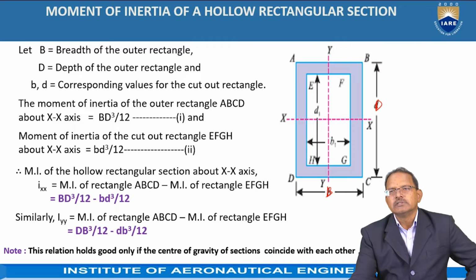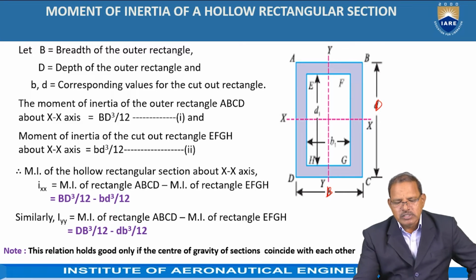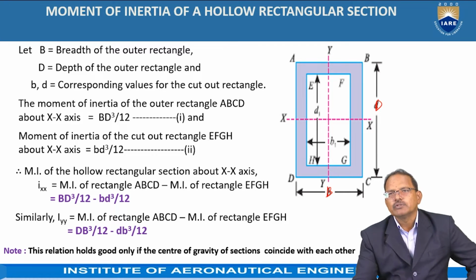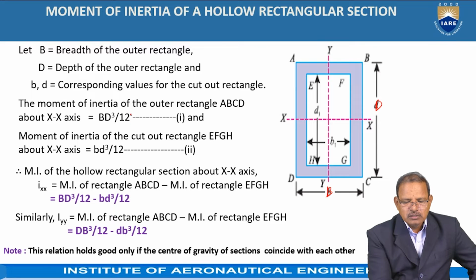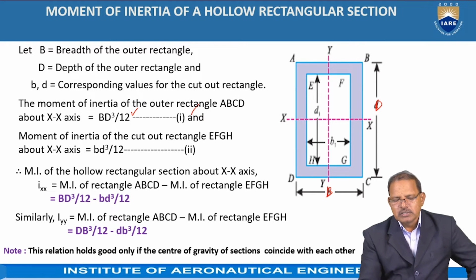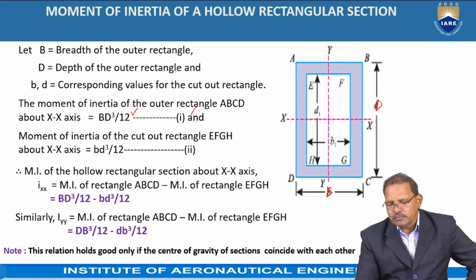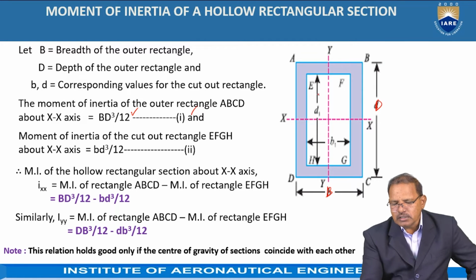Now, according to the previous derivations, the moment of inertia possessed by the outer rectangle about the central axis, that is the x-axis, is given by BD cube by 12. Similarly, the moment of inertia possessed by the cutout rectangle, that is the inner rectangle EFGH, is given by bd cube by 12.